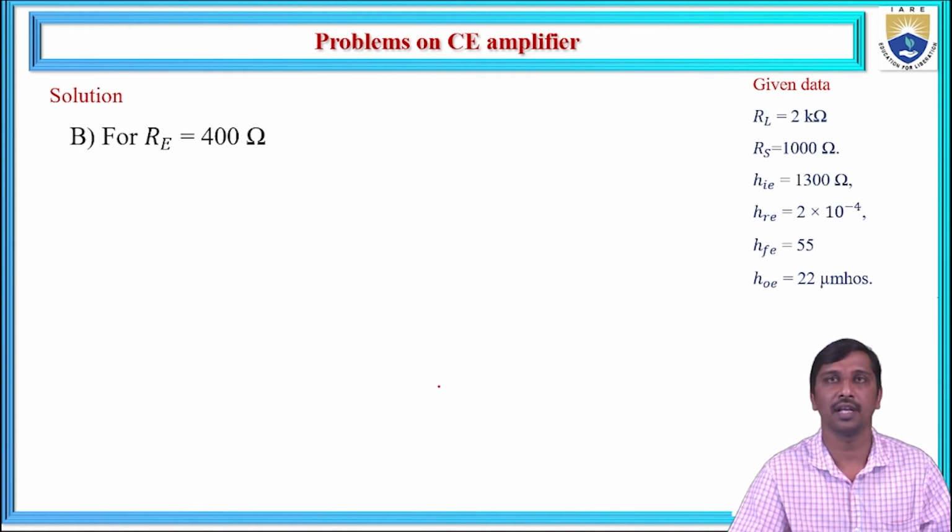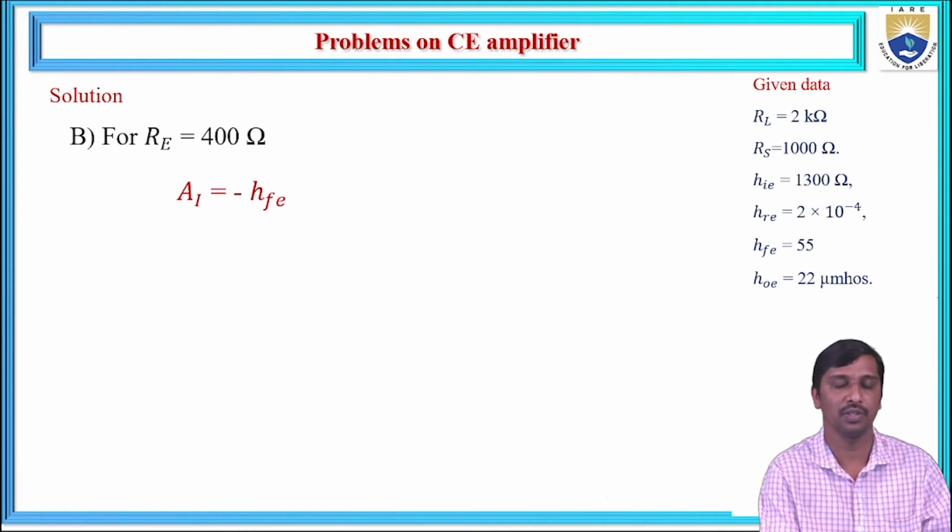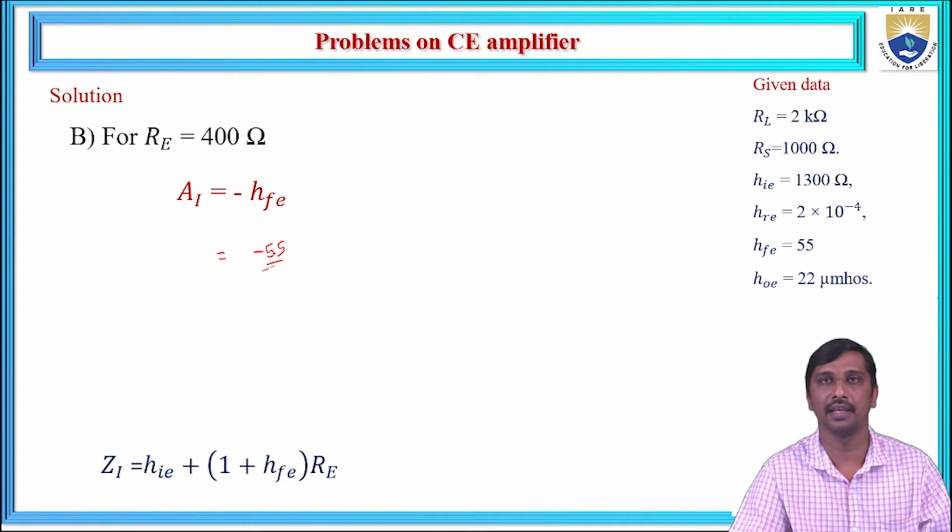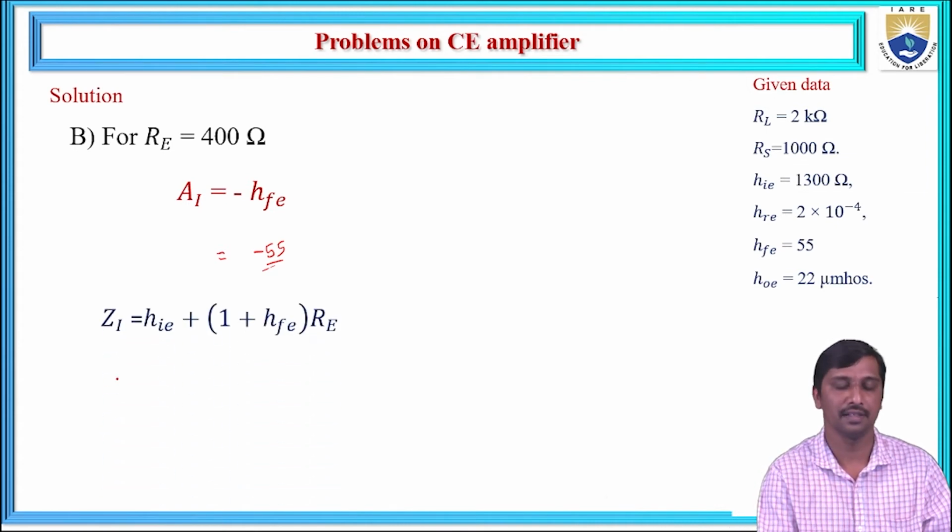So now first I'm going to calculate the current gain from the approximate model. Again, we know that the current gain is minus hfe, hence the hfe value is 55, hence it becomes minus 55. That is the current gain. Now we need to calculate ZI. So what is the ZI representation? hie plus (1 plus hfe) times of RE.